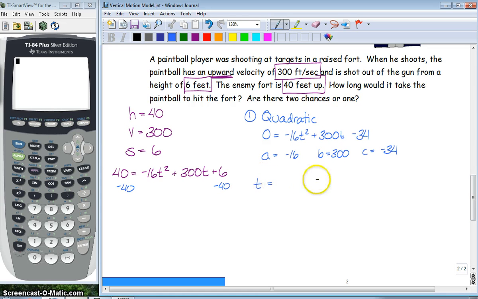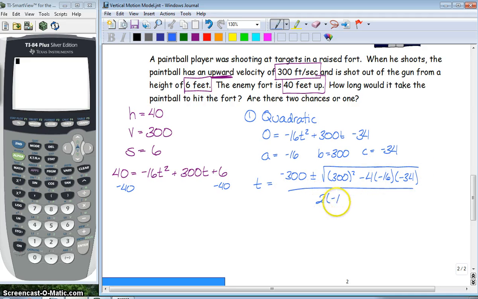So t equals negative b plus or minus the square root of b squared minus 4 times a times c all over 2 times a. And the equation we get is negative 300 plus or minus the square root of 300 squared minus 4 times negative 16 times negative 34 all over 2 times negative 16.